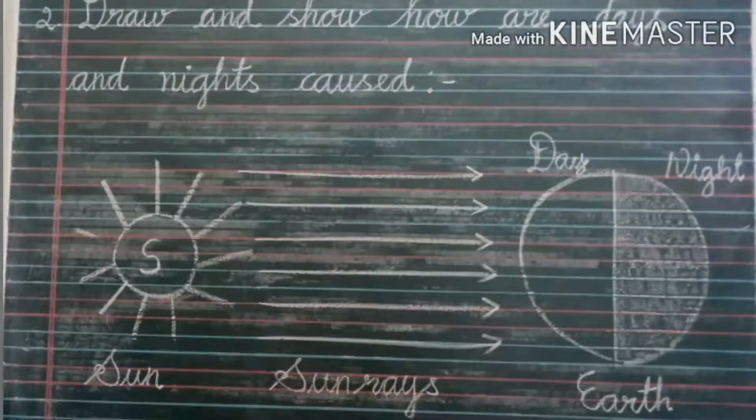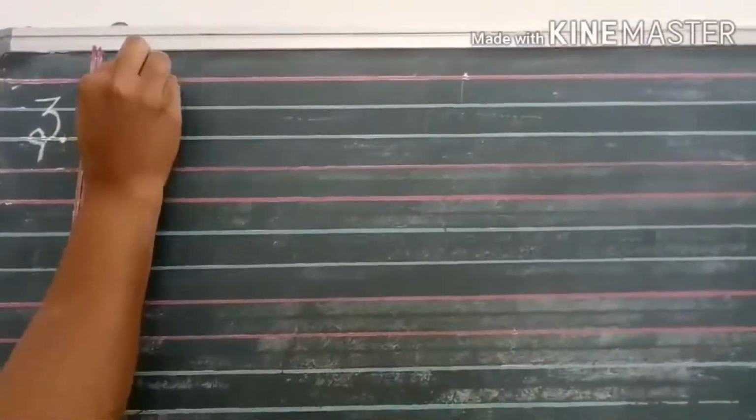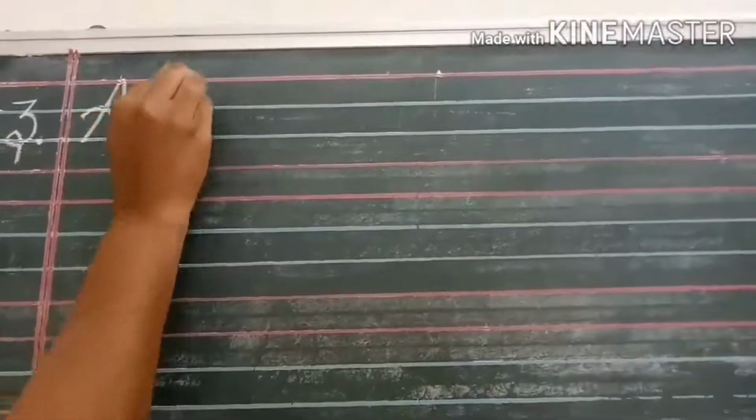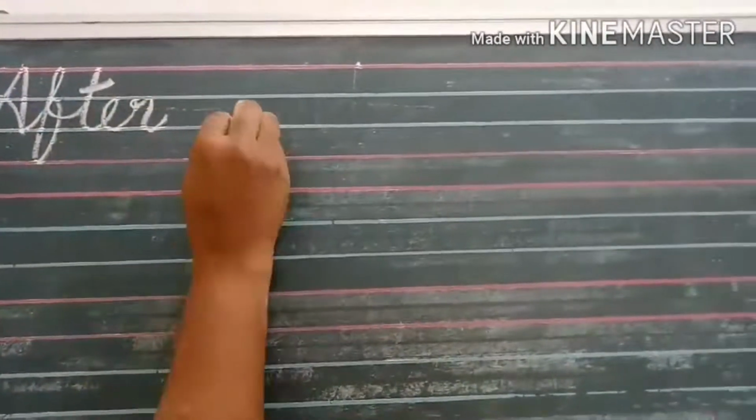Right children? Yes. Third one is this covers about 3/4 surface of the earth. I repeat the question again children. This covers about 3/4 surface of the earth. I have told you our earth is covered with what children?